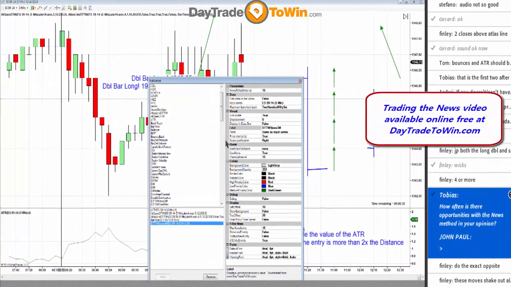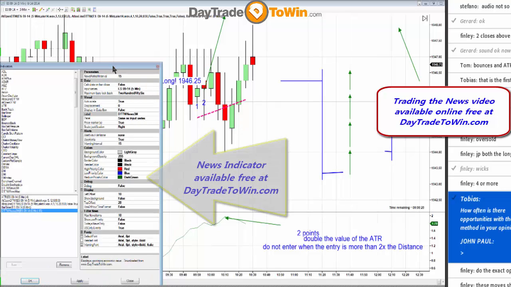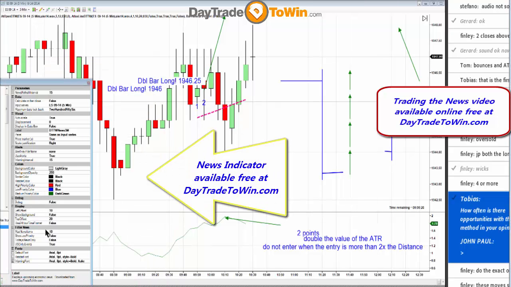And I'll add it here to the chart. The news indicator allows you to choose whether you want European news or US news, or today, or low priority, high priority. So this is how I have it set. If you want to copy my settings, the high priority news events are what I want to focus on.